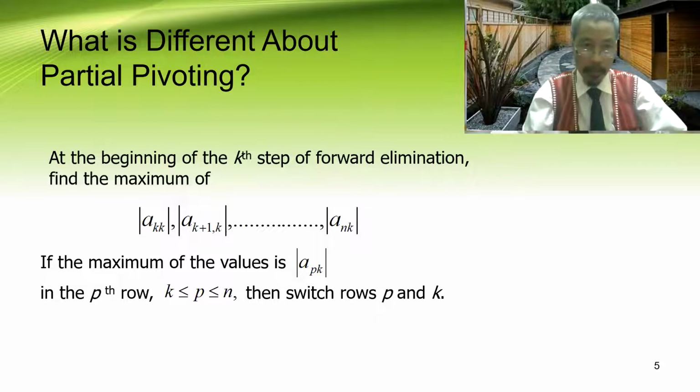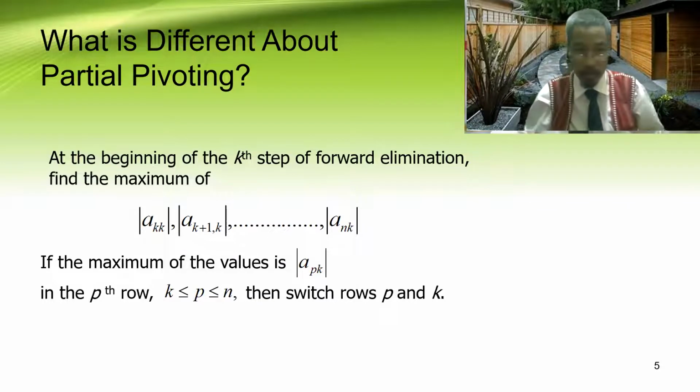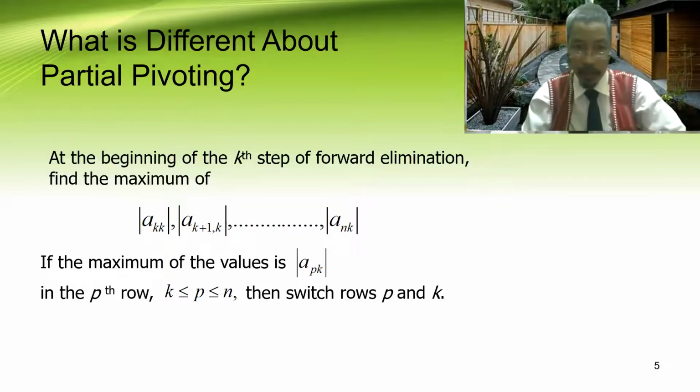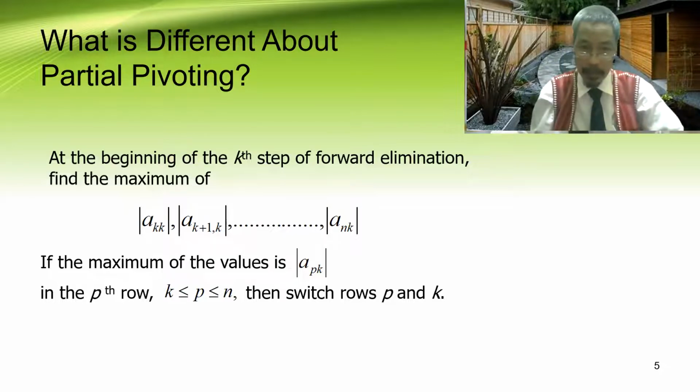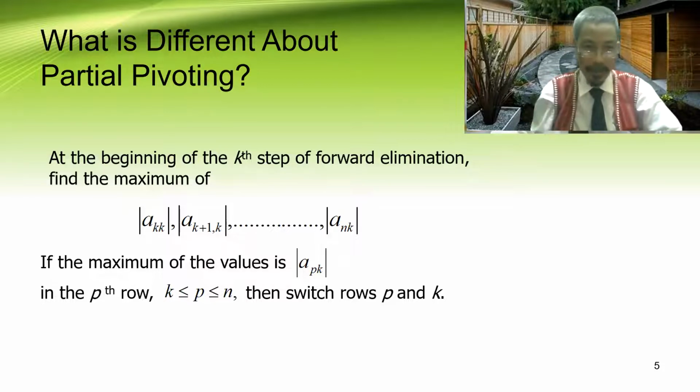If the maximum value is a_p,k, meaning we are on the p-th row, wherein p is between k and n, then switch rows p and k. Okay, we can switch the rows.